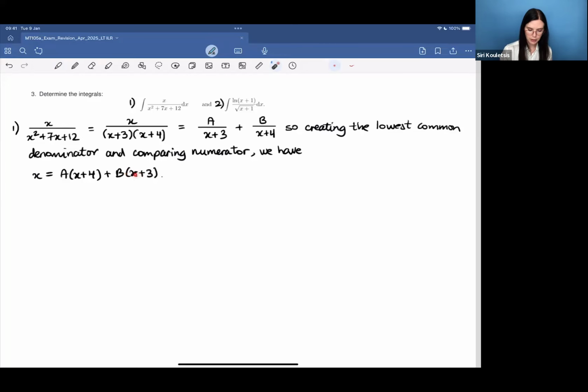So you can see here that if we set x equals minus 3 in this equation, well, then the term with b will vanish because it will be b times 0, and then we'll have a solution for a. And a will then multiply minus 3 plus 4, so that's just times 1. So a is minus 3.